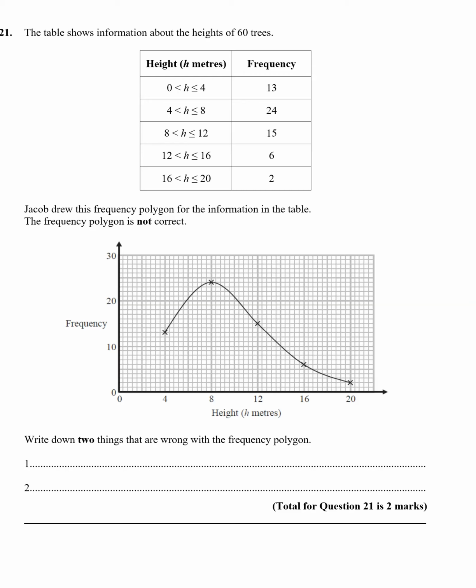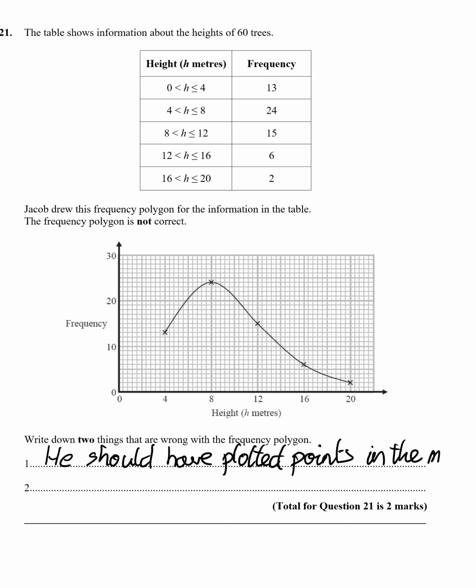Always plot in the middle of the group, so he should have plotted points in the middle. I'm going to run out of room. And then the points should be joined together with straight lines.